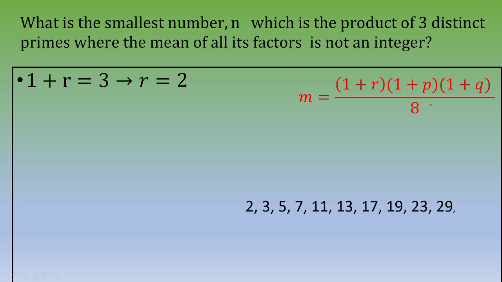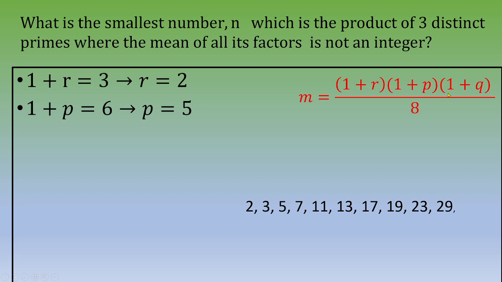That's not what we want. So 3 is not a good candidate. So let's focus on 5 now. 1 plus 5 equals 6. And 6, this is 2 times 3, so now 5 is the second number.